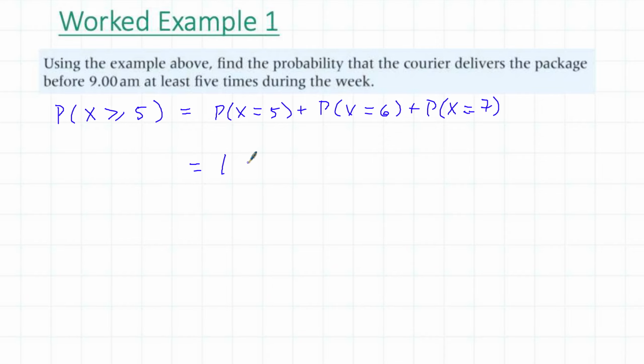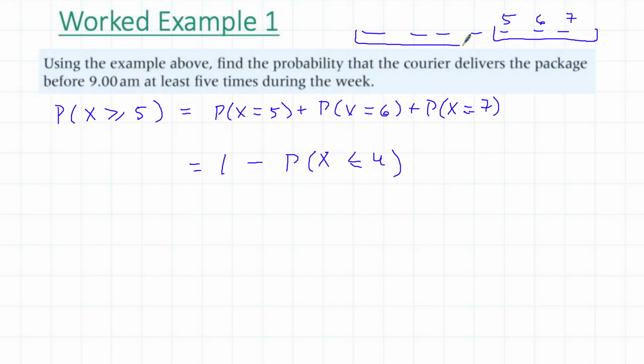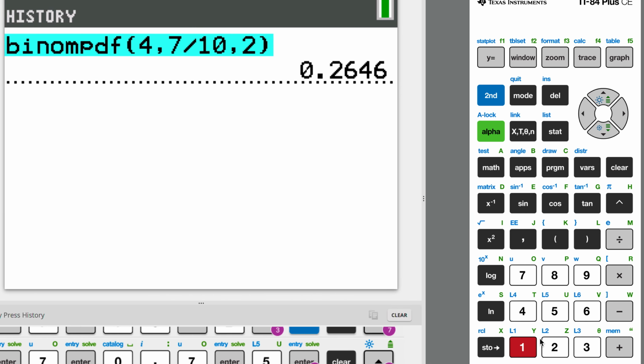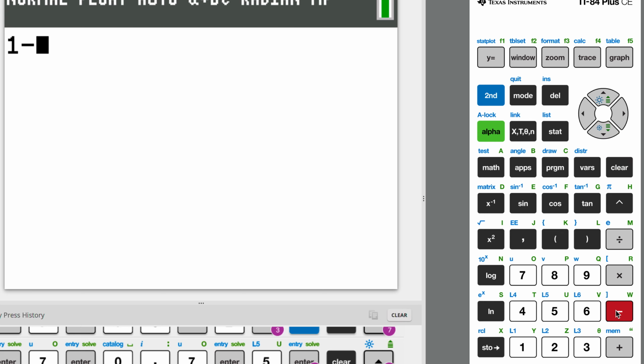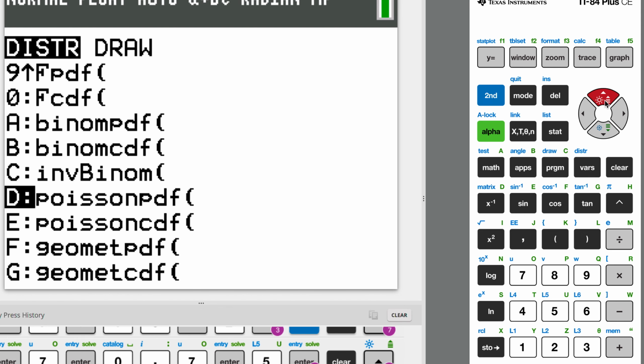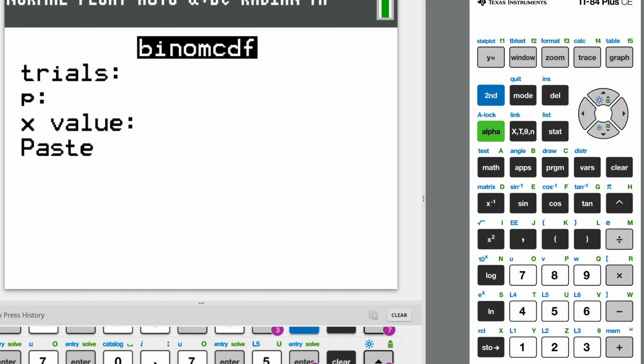I also know that it's the same as 1 minus the probability that it's less than or equal to 4. So remember, on the 7 days, because we're dealing with discrete values, there's 5, 6, and 7. If I want to know at least 5 times, I need to do 1 minus the 4 times, and don't forget 0. So it's 1 minus the probability, this time CDF.